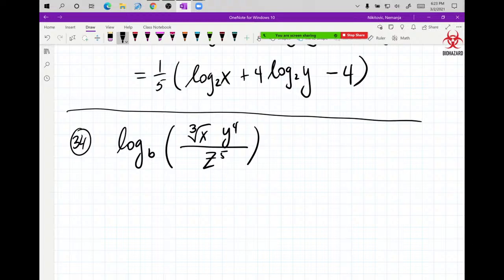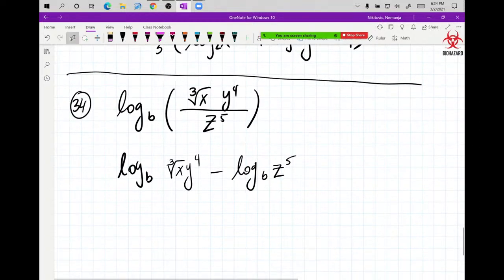Okay, so we're going to start this problem by using rule 2. That's log base b of cube root of x y to the 4th minus log b of z to the 5. And then we need to break the multiplication.